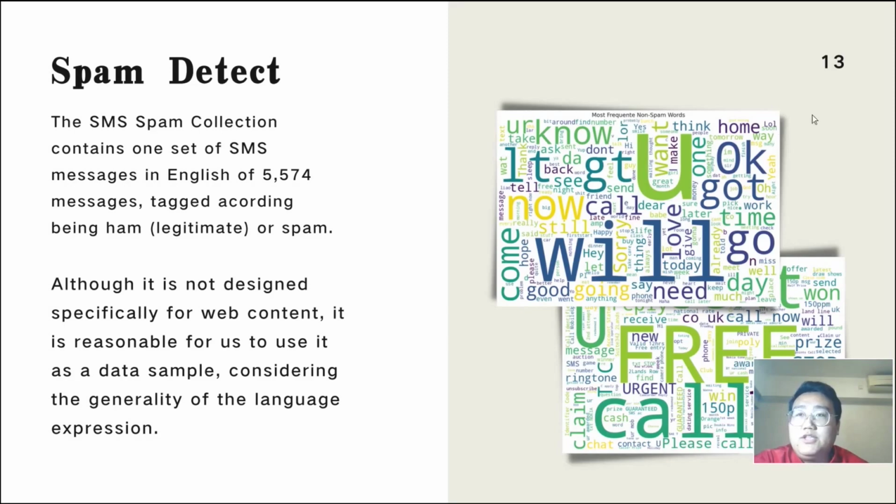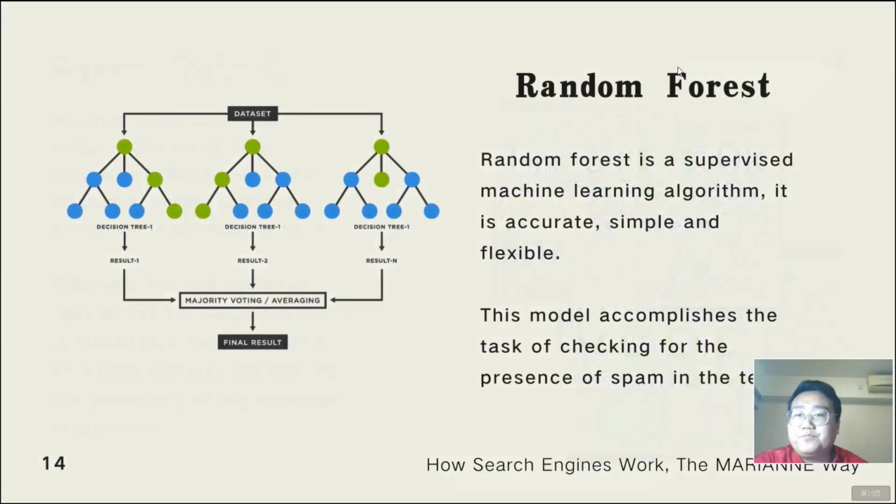Next, we introduce the structure of our algorithm as we planned in the previous presentation. In order to achieve this classification task, we used a random forest with supervised learning.